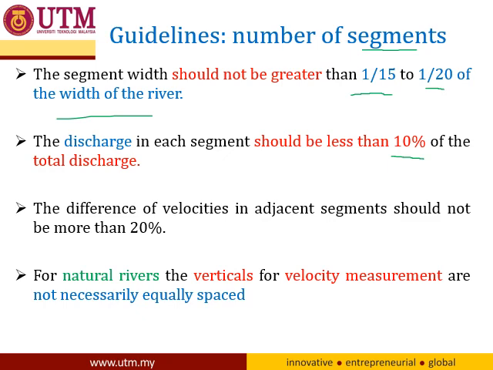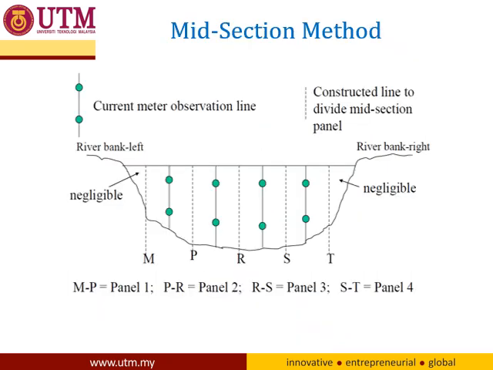For a natural river, the verticals for velocity measurement are not necessarily equally spaced. Let's say this is the river and you make the sections, they do not have to be equally spaced. Some segment widths may be larger than others.